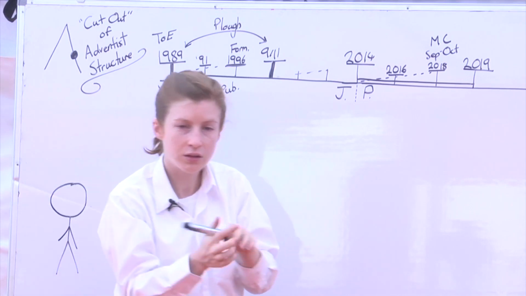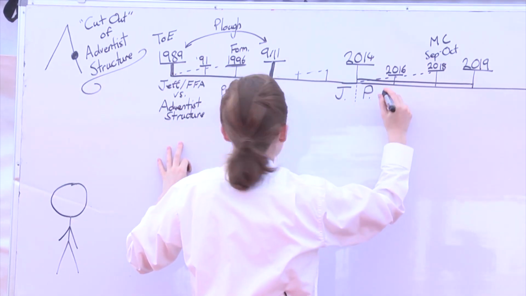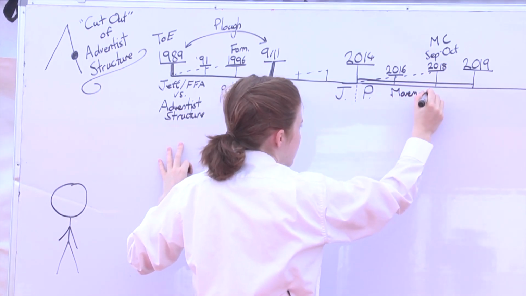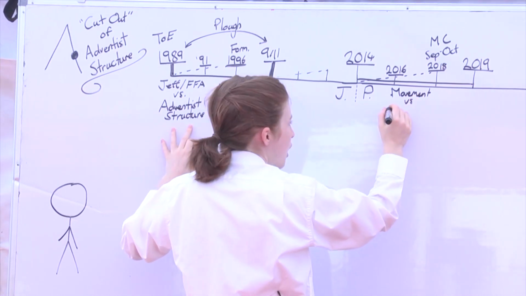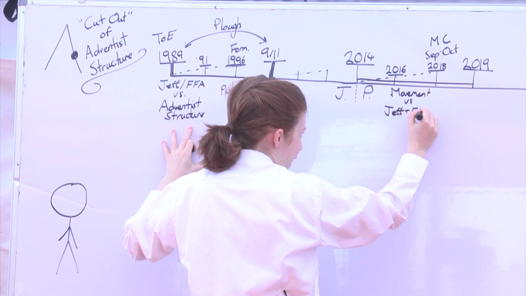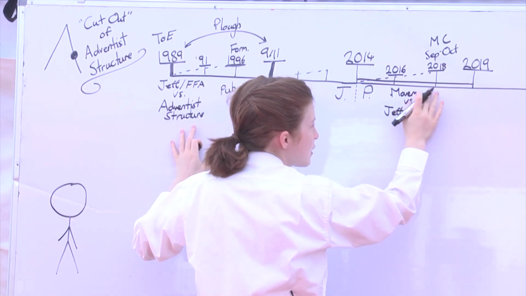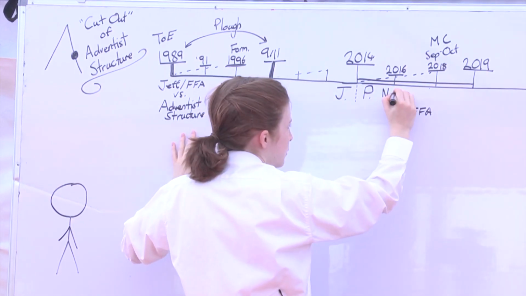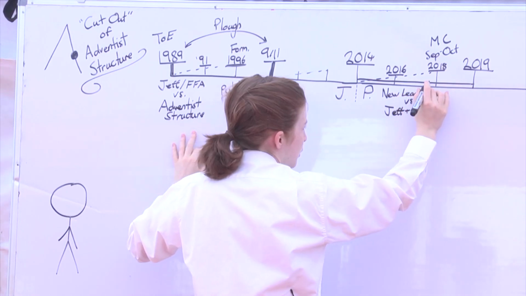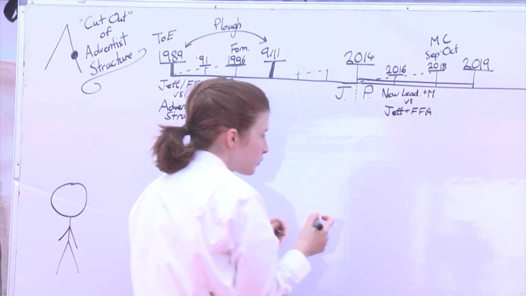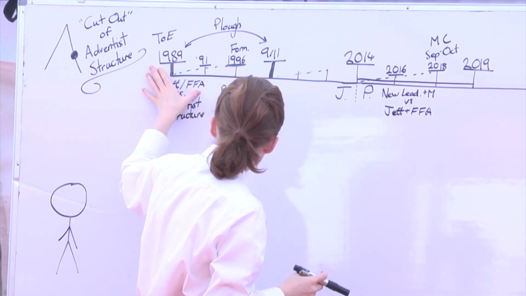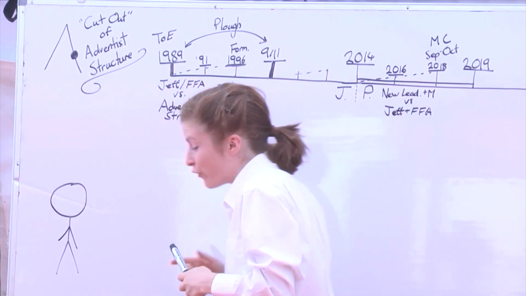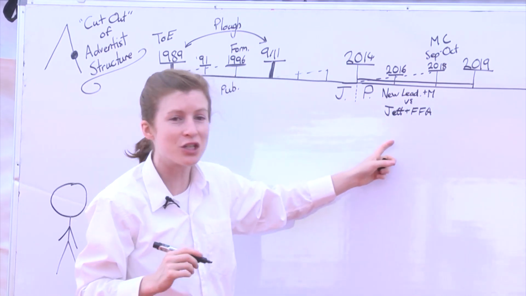Where was the division? Within the movement, it was this movement versus Jeff and FFA. And when I say movement, I want to say new leadership plus the movement. So you have Elder Jeff, Future for America versus this Adventist church structure, and this is the theme of our whole reform line. But under the midnight cry, what message is being given?